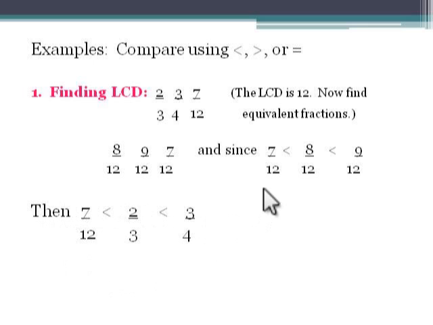So since 7/12 was the smallest, that goes first. 8/12 was next, and that was 2/3. That was our first one. So we put less than 2/3, and then 9/12 was the biggest, and so that it was equivalent to 3/4.